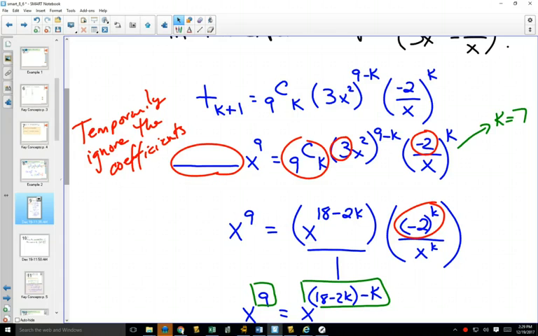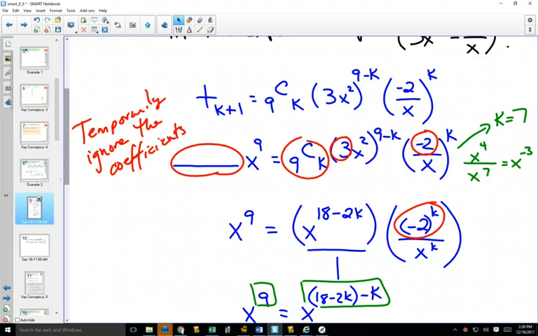How many x's would I have in my denominator? X to the 4. If k is 7, you'd have x to the 4 in the numerator, and how many x's would I have in my denominator? I would have 7. That simplifies to x to the minus 3, which is not x to the 9. So obviously k equals 7 is wrong.